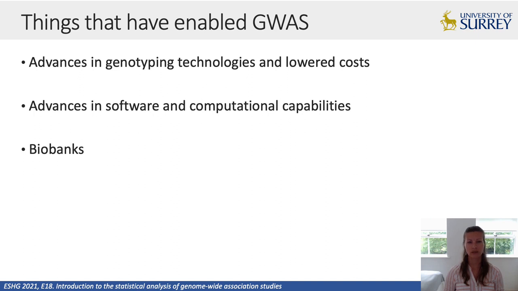Advances in software were also needed so that we can analyze hundreds of thousands or millions of SNPs for thousands, now hundreds of thousands of people. And also we needed computational capabilities to store and handle all the data that was coming from GWAS analysis. Biobanks were, of course, also very useful in getting the data from the individuals to analyze.